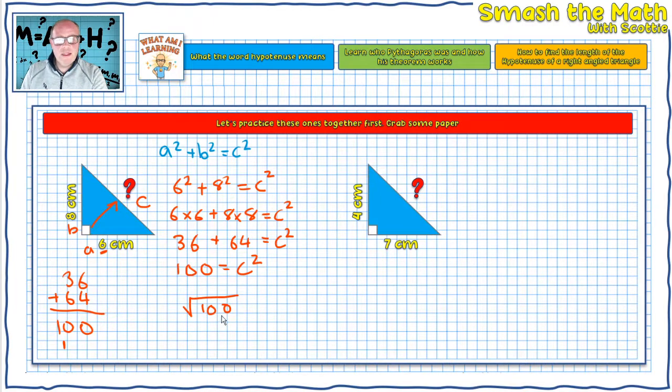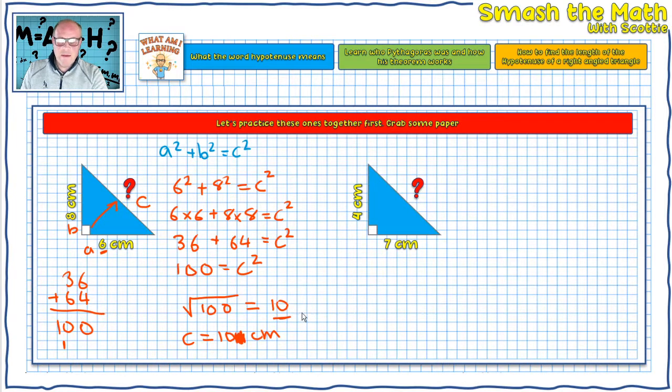And all the square root means is what number we can multiply by itself to get to 100. Now, you can use your calculator, so you can put the square root of 100 in, but square root of 100 is 10, because 10 times 10 is 100. Okay, so C, or the hypotenuse, is equal to 100 centimetres. That's how long it is. Sorry, 100, silly me, 10 centimetres.